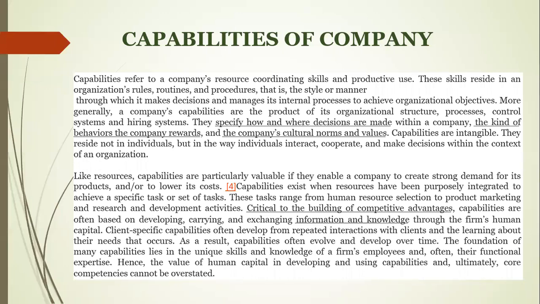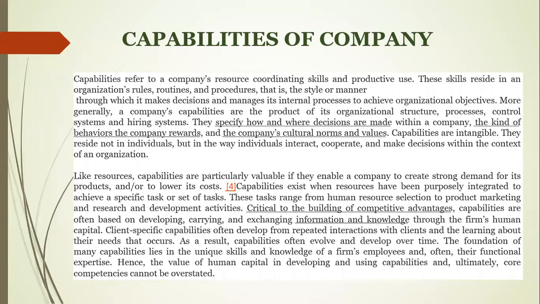Some companies have this capability. Some companies use their resources very effectively, and some use their resources very efficiently. Those companies which put the resources to effective and efficient use develop a capability, and it is this capability which gives the organization an edge over the competitors.